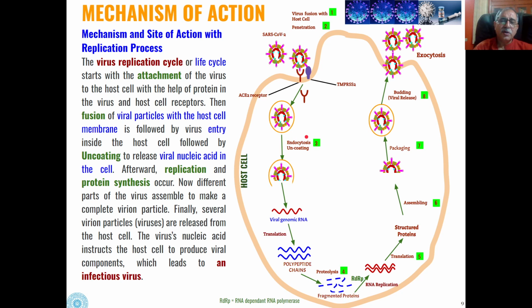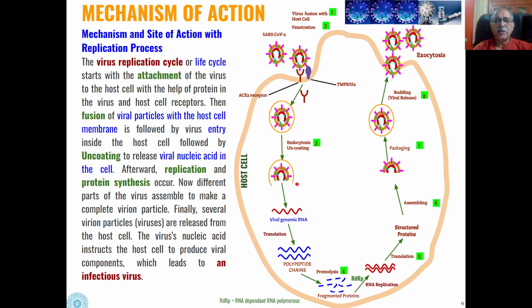This fusion, as I've told you, takes place with the help of the protein present in the virus, and then fusion of the viral particle with the host cell membrane is followed by entry of the virus inside the host cell, after which uncoating of the viral membrane takes place by endocytosis.